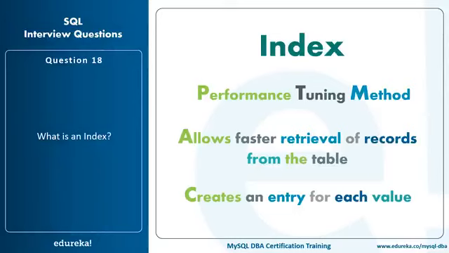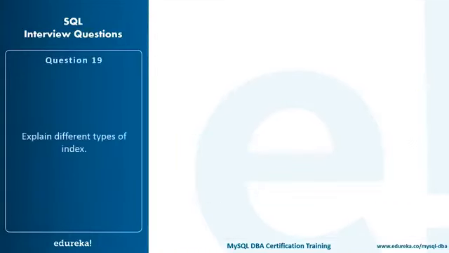And also an index creates an entry for each value. So to allow the faster retrieval of records from the table, it creates an entry for each and every value. Now let's move forward to the different types of indexes. I've already explained two types of indexes, that is the clustered and the non-clustered index. But let's understand both of them again, and also an additional index, that is the unique index.